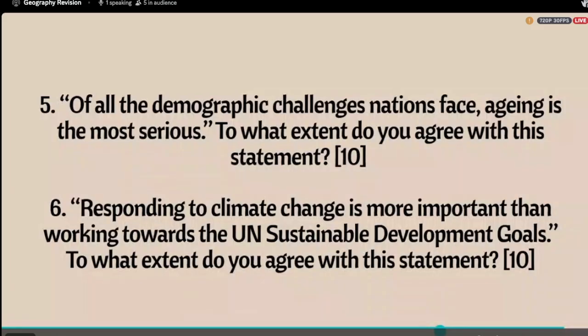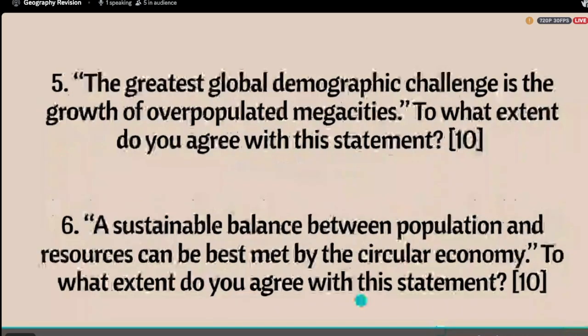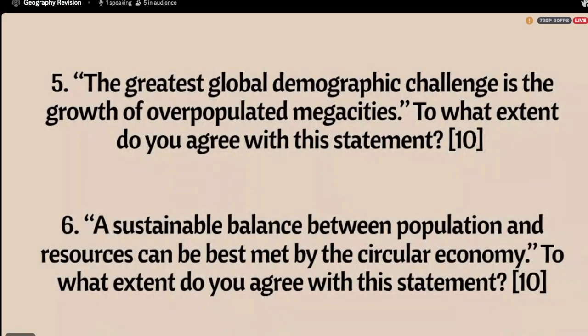All right. I also have another set of questions you can look at. Demographic dividend is good, yes. And for Ahmed, yes, you could agree with it 100%.